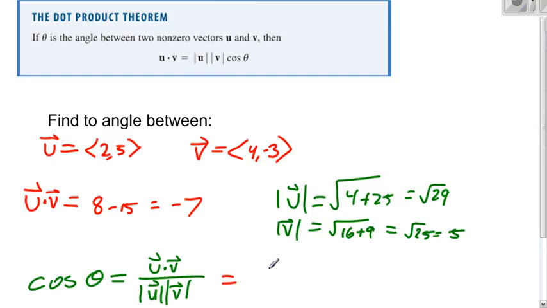So the dot product is -7 divided by their lengths, 5 times the square root of 29. So that's what the cosine of the angle would be. And by doing inverse cosine or arc cosine of -7 over 5 square root of 29, we get the angle's about 105.1 degrees.